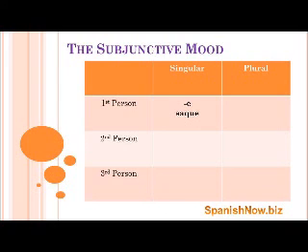We need to try to maintain the pronunciation of the infinitive as best as we can. So if it was sacar, the sock, we have to make sure we carry that K sound. So we have to take it to the subjunctive with that sound in mind.